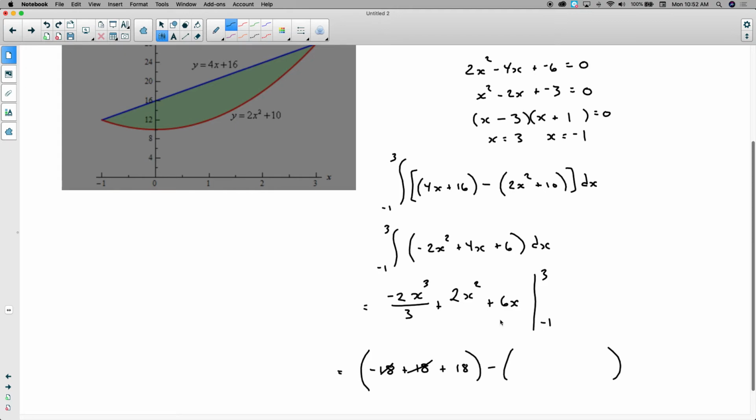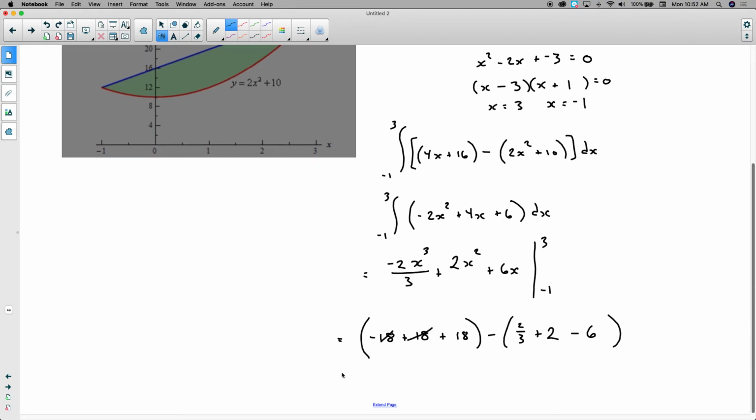All right, taking negative 1 and putting it in there, that turns out to be a 2/3. Putting negative 1 there, that's a 2. And putting negative 1 there, I get negative 6. Okay, so doing this busy work with you on this first one. What do we got here?